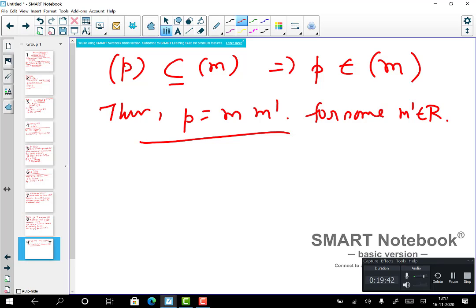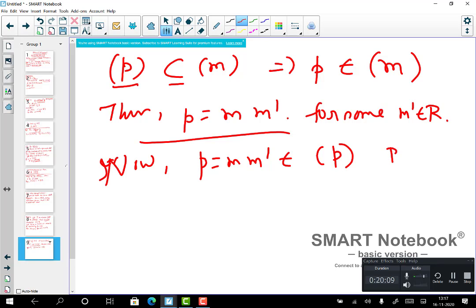There are two possibilities, right? You see p is a prime ideal. Let me write it down now. You see that p equal to m into m dash is an element of this prime ideal, right?